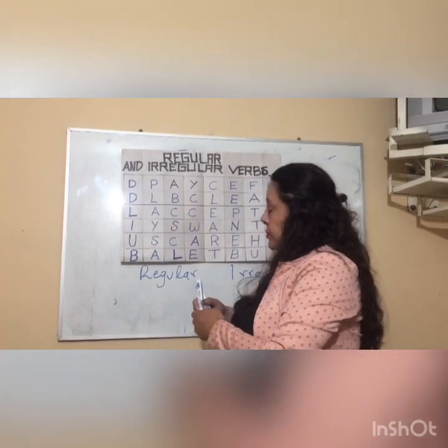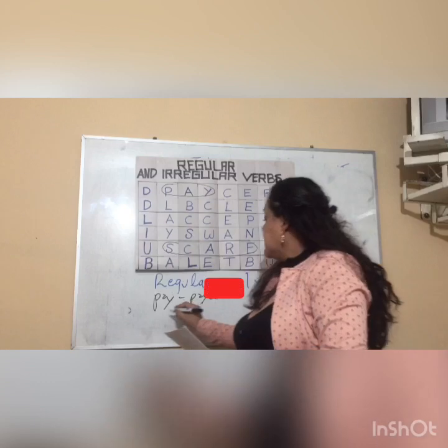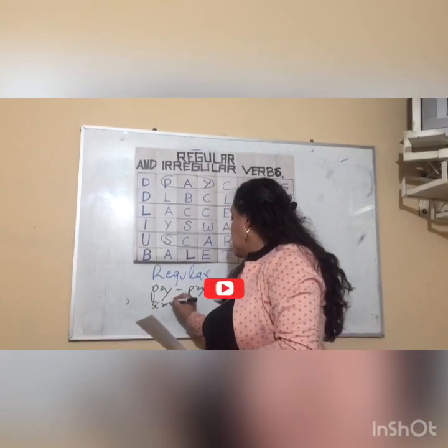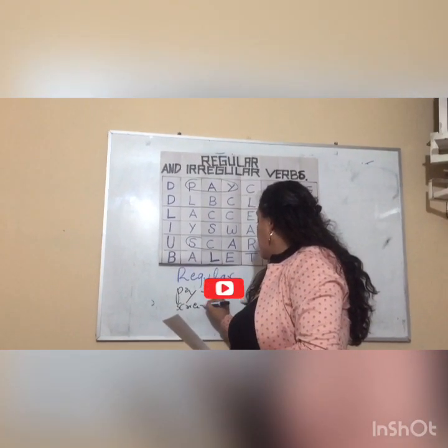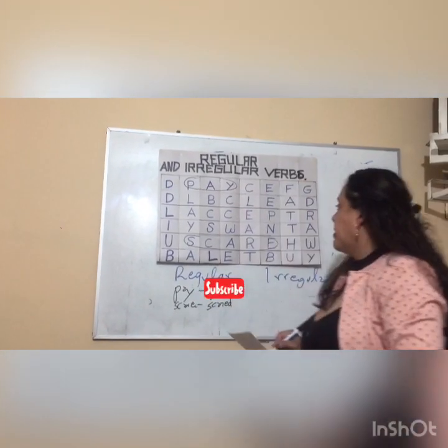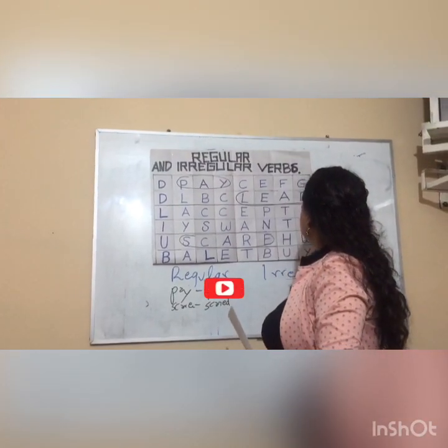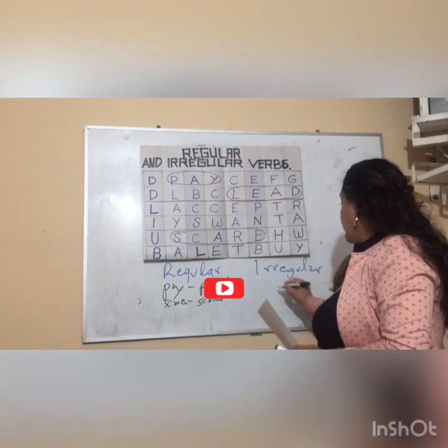So, for example, the verb scare is a regular verb, and the past of this is scared. Another verb that we can find in this alphabet soup is left.